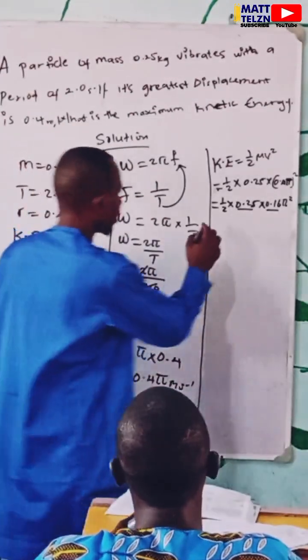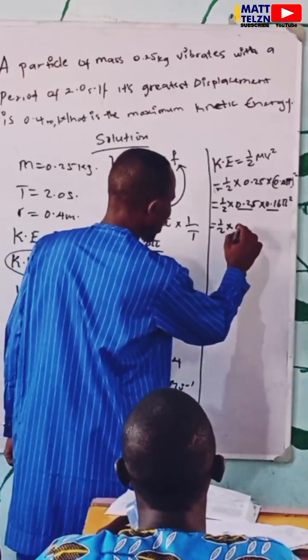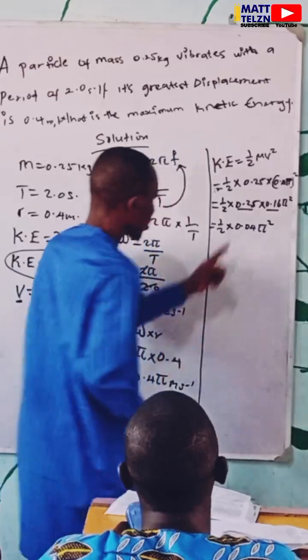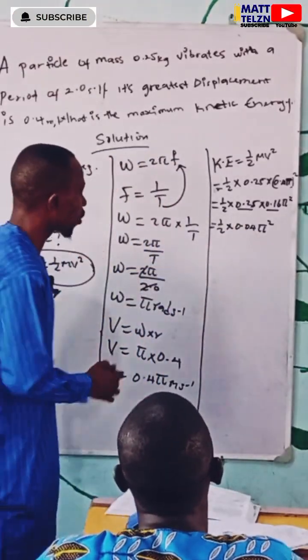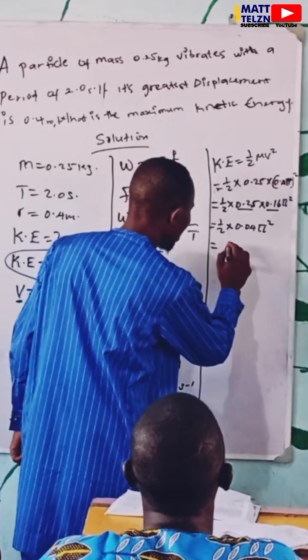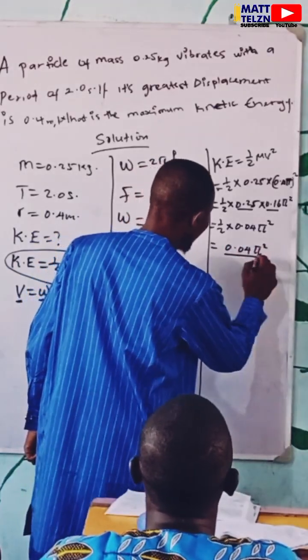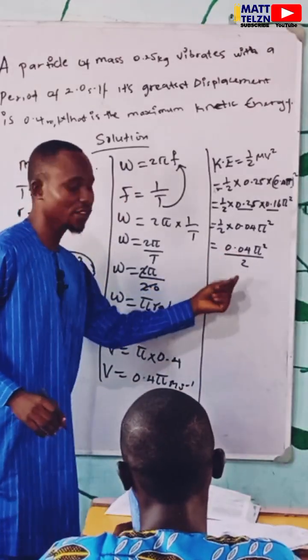So I have 1 over 2 times 0.04 pi squared. This can be written as 0.04 pi squared divided by 2. So divide this number for me: 0.04 divided by 2.